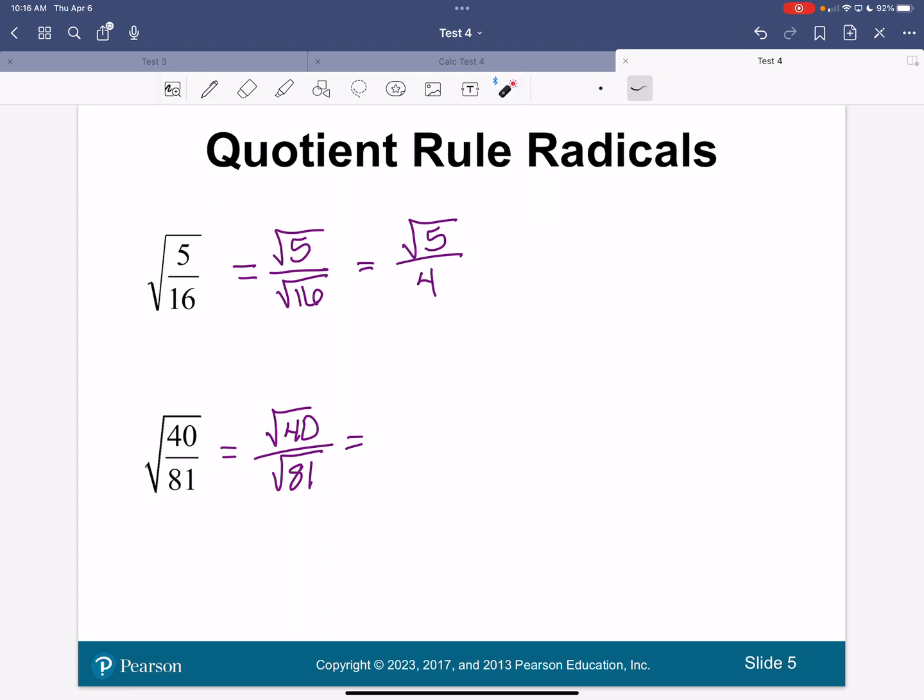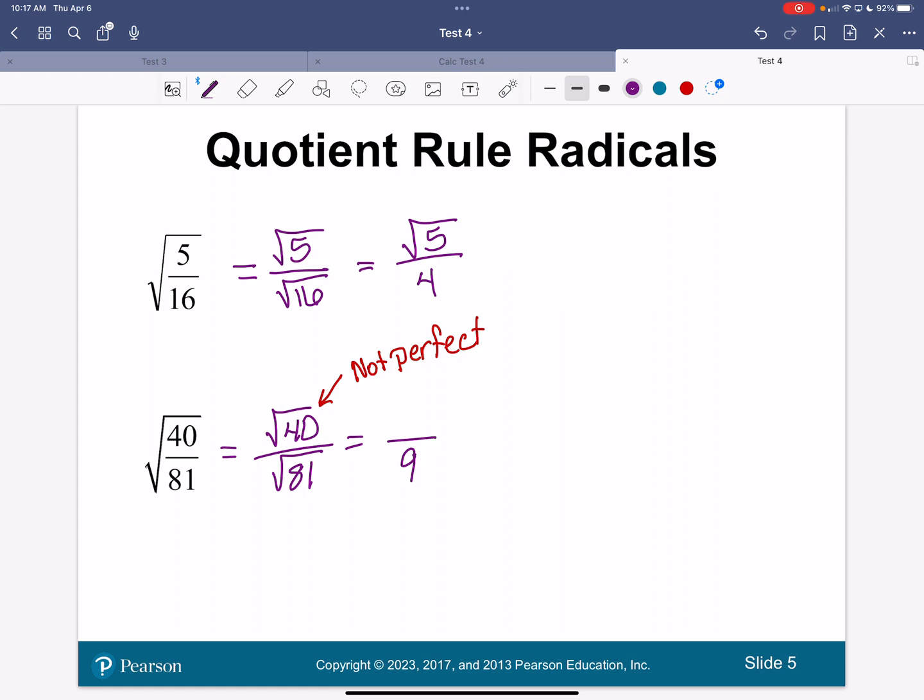Now, 40 is not a perfect square. Is 81 perfect? Yes, 81 is perfect. And so what is the square root of 81? 9.